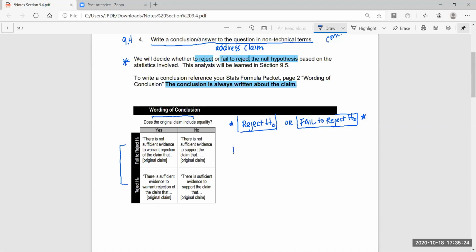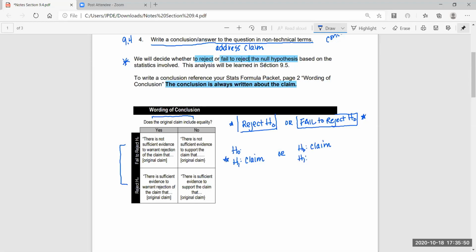There's two formats that can happen. You can have your claim in the alternative hypothesis, which is why I had you write that word claim next to it so you'll remember where it is. Or you could have your claim in your null hypothesis.